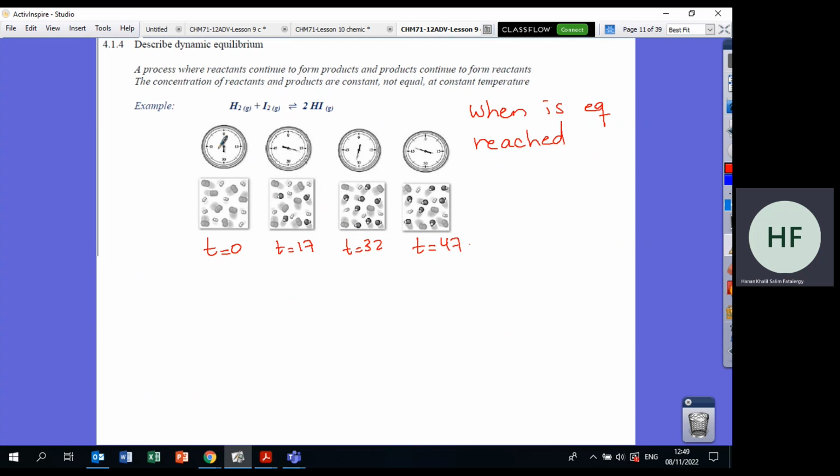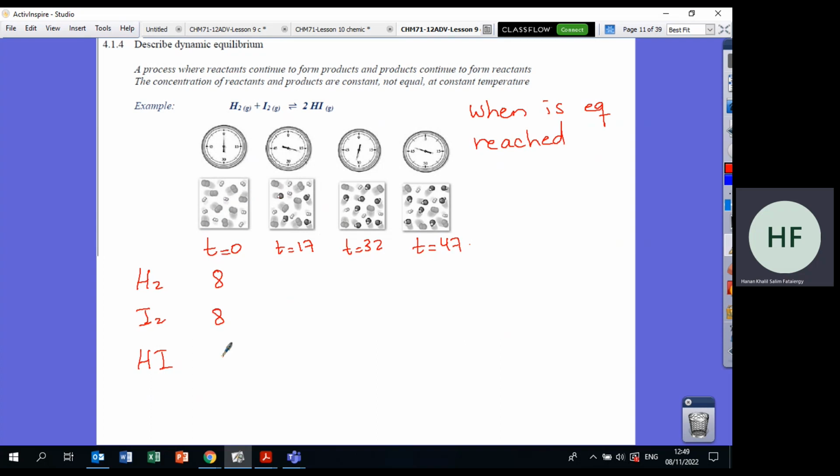So I will see when reactants and products are constant. Of course, the reactants are H2 and I2, and the product is HI. Now let's count. H2 is this white: 1, 2, 3, 4, 5, 6, 7, 8. I2 is the gray: 1, 2, 3, 4, 5, 6, 7, 8. HI is 1 gray and 1 white.